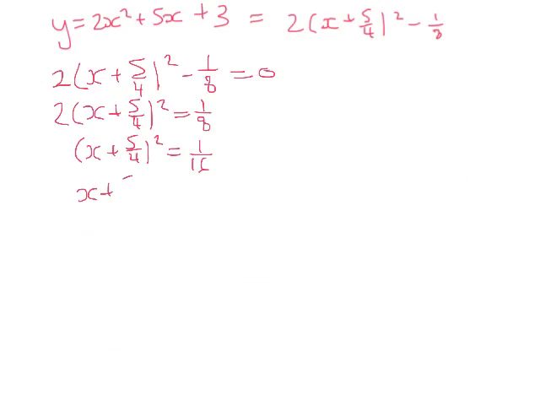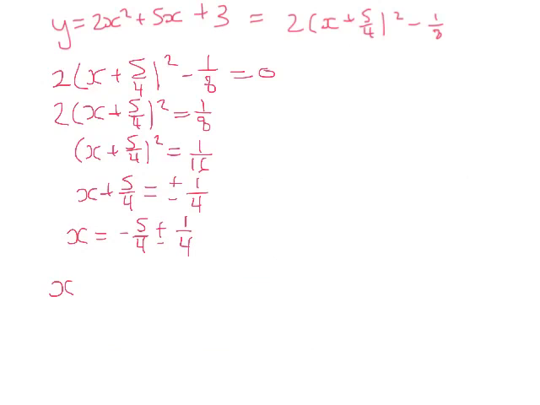So I've got x plus 5 over 4 is plus or minus the square root of a 16th, that is a quarter. So now taking 5 over 4 from both sides, I get x equals minus 5 over 4 plus or minus 1 over 4.